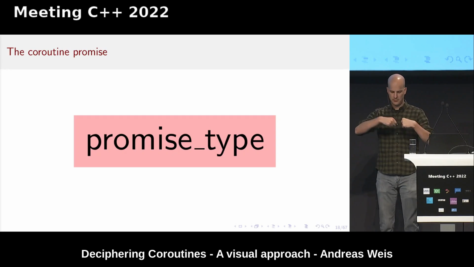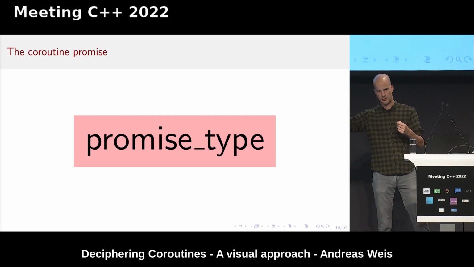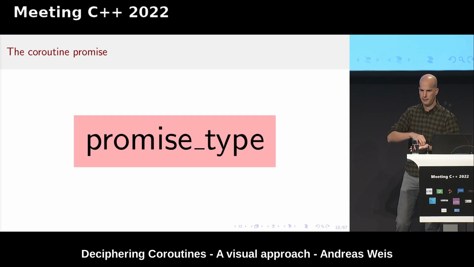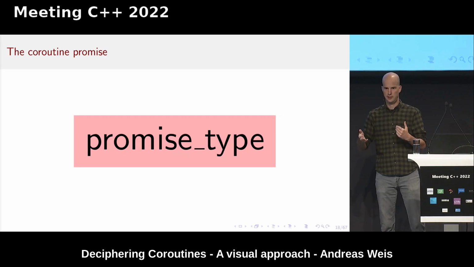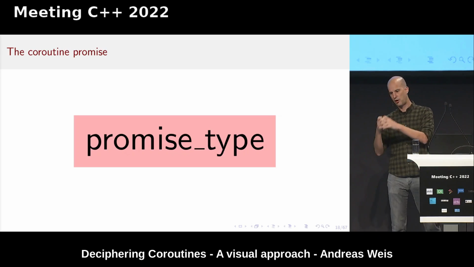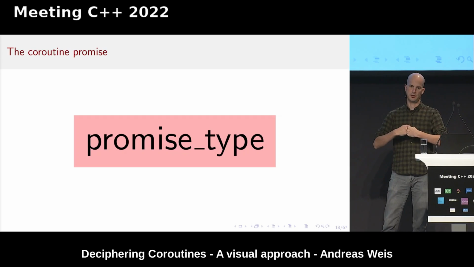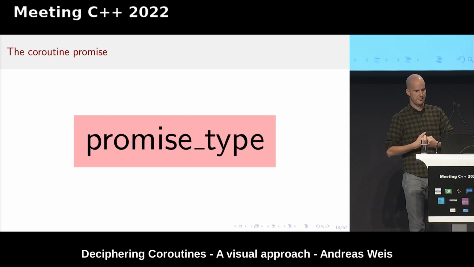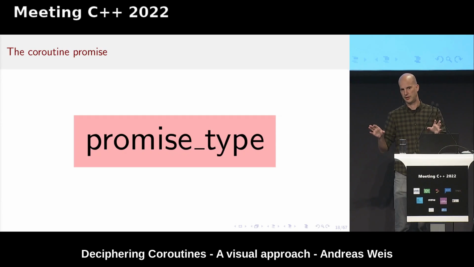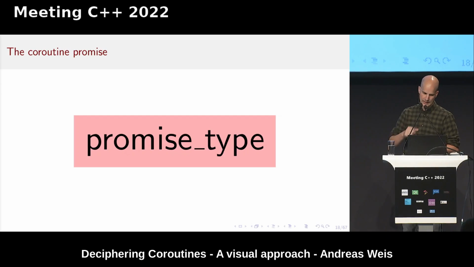The future is the one side of the communication, right, that you give back to the caller. The promise is the other side that you retain inside the thread. And it's kind of similar here, right? You have the return object that you give to the caller of the coroutine, and the promise type is the thing that remains within the coroutine, so the other end of the communication channel. But don't take this analogy too literally, right? Because apart from this, the coroutine promise looks completely different.